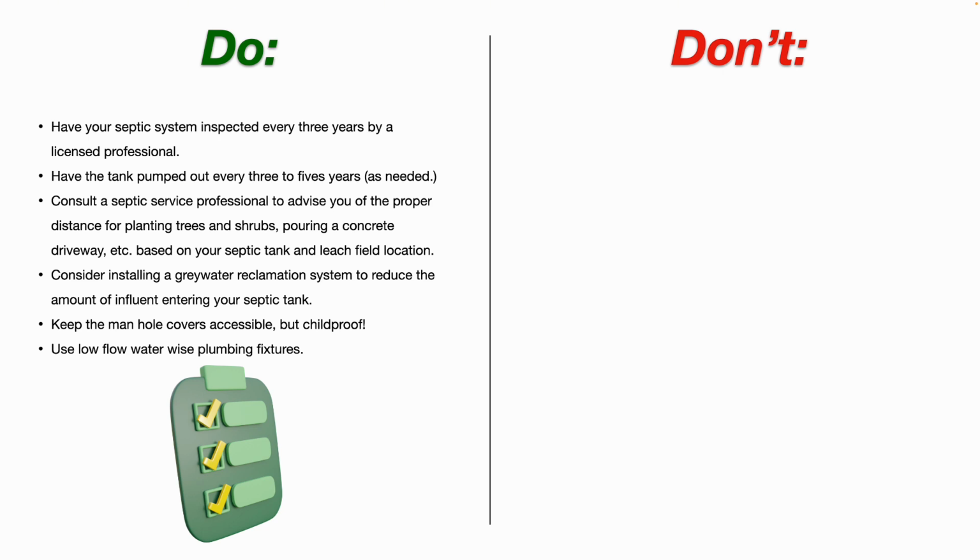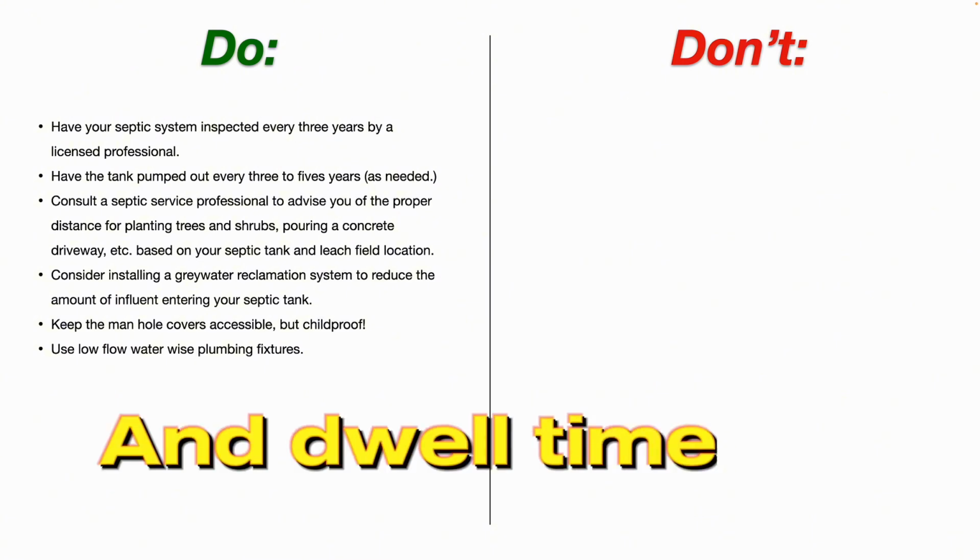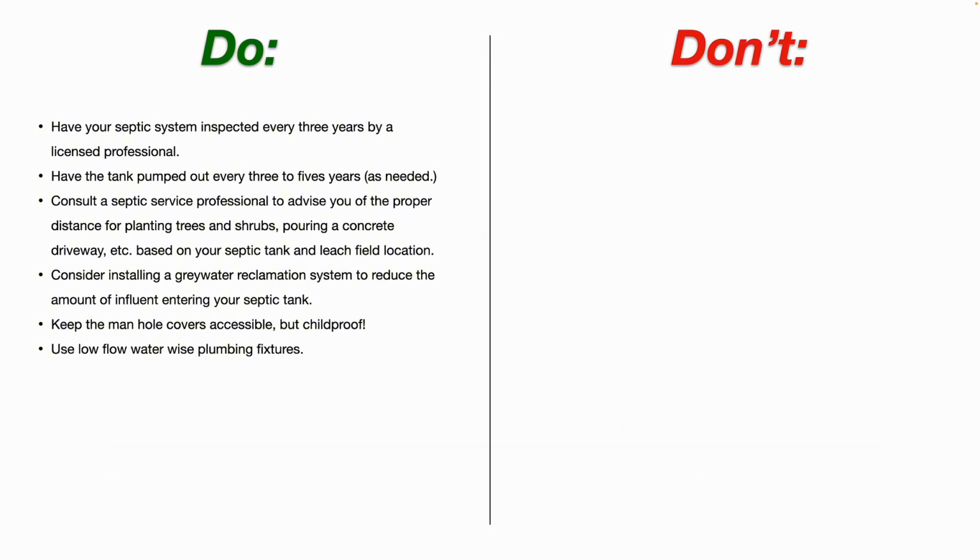So if you think about it, your septic tank is only so big, has such a limited capacity that it can hold, but it can only handle so much water and solids coming into it and water flowing through it. Same with your leach field.